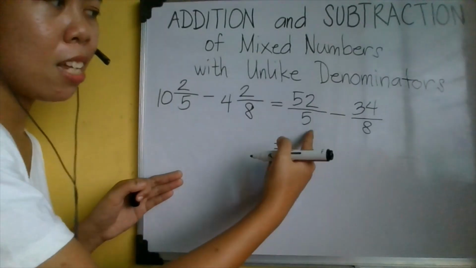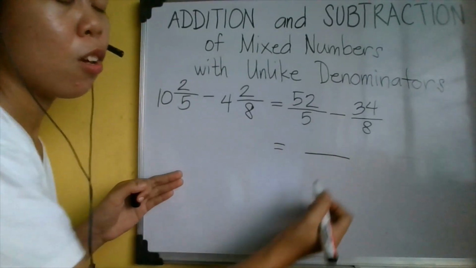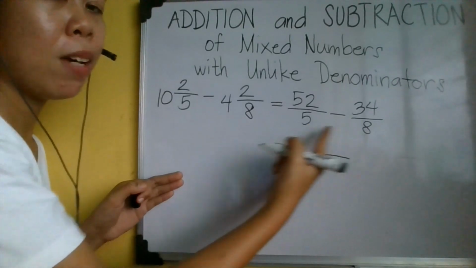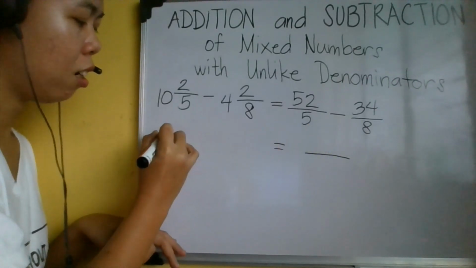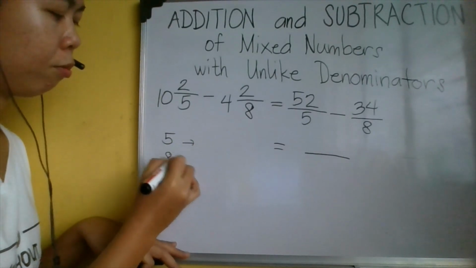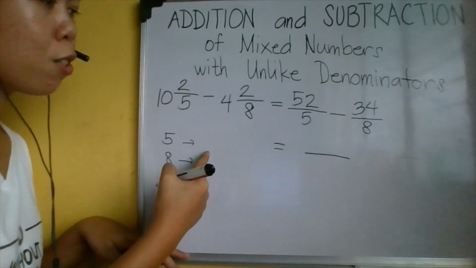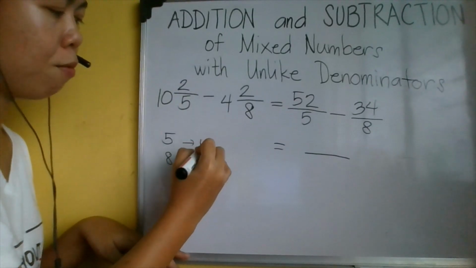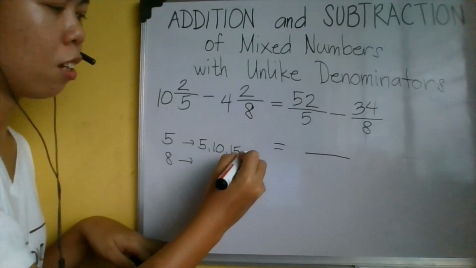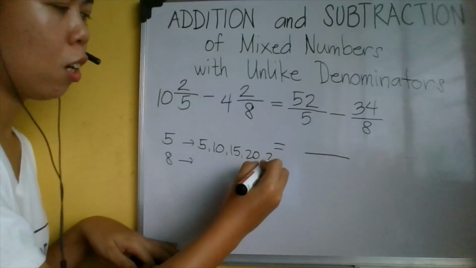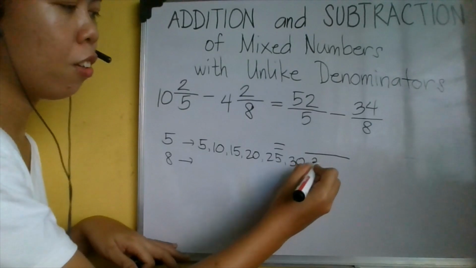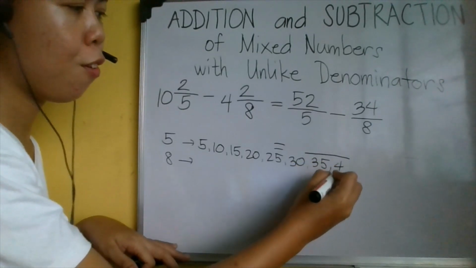So since they are dissimilar fractions, we have to find the LCD of 5 and 8 by finding their least common multiple. The multiples of 5 are 5, 10, 15, 20, 25, 30, 35, 40.